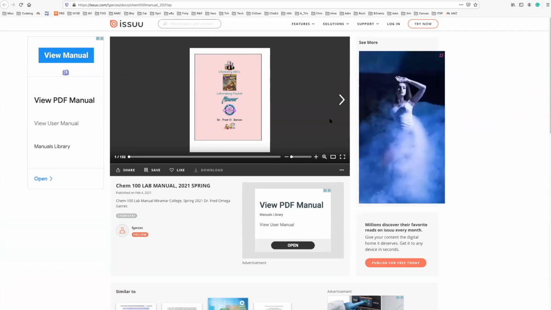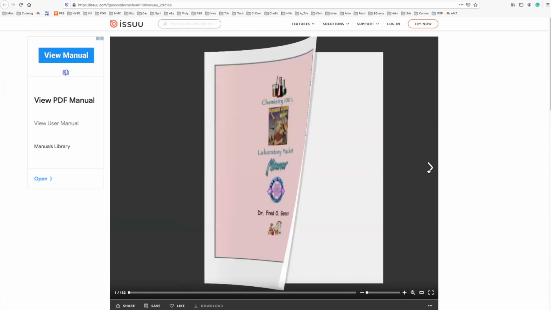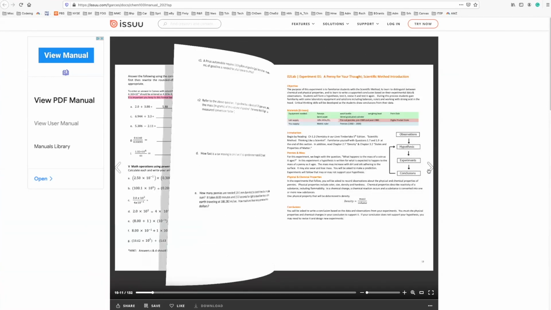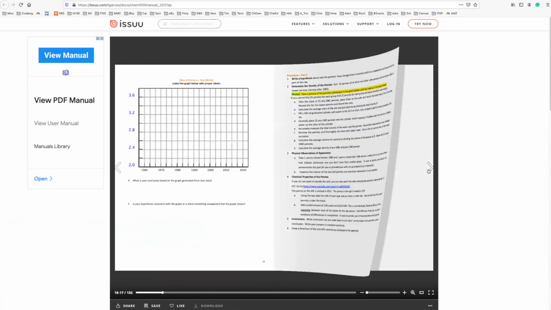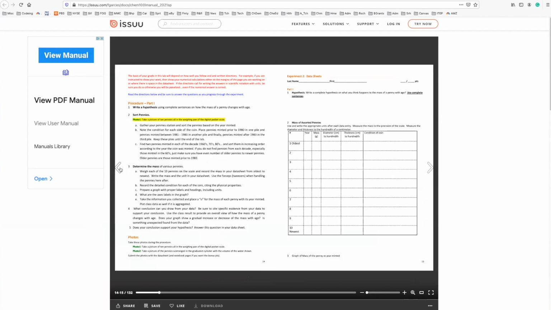So I found this other site, and yeah, it's got ads, but if you just click here on full screen or even here on large screen, then you can pretty much see the lab manual, just like the other site.